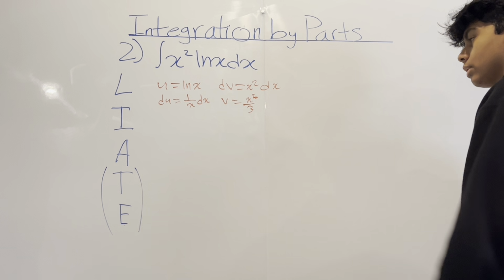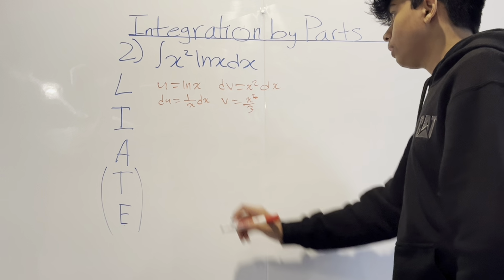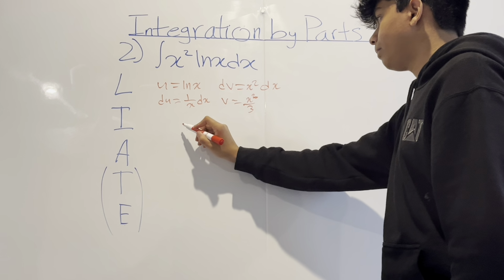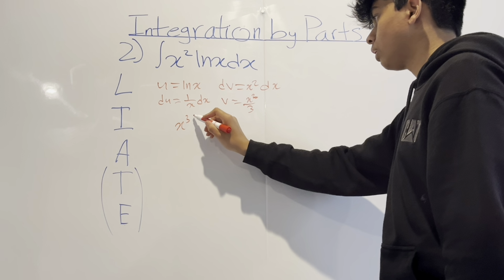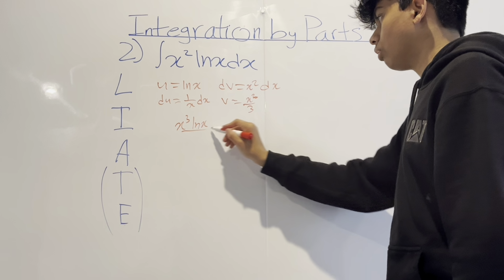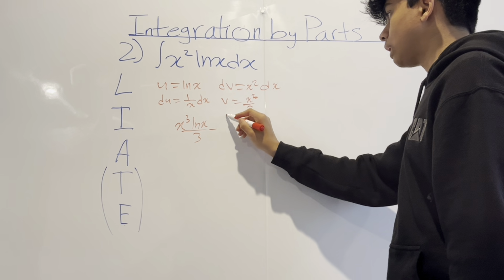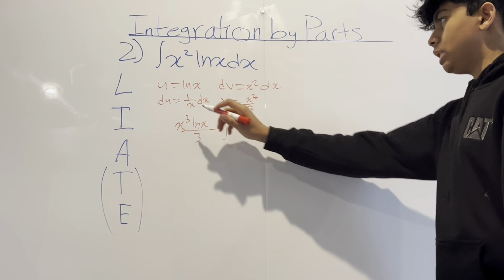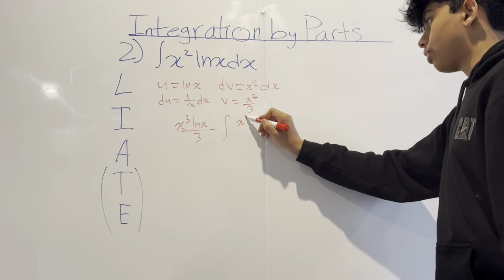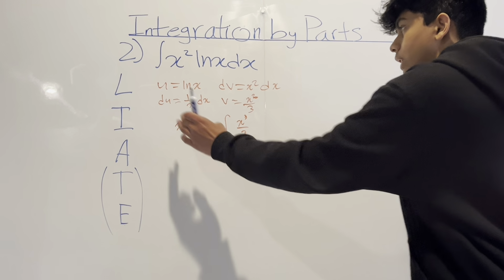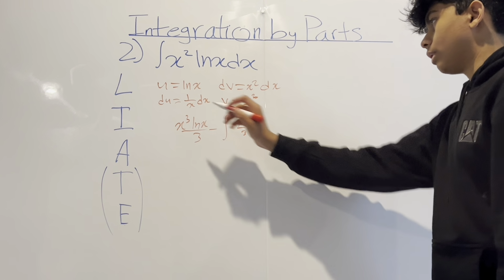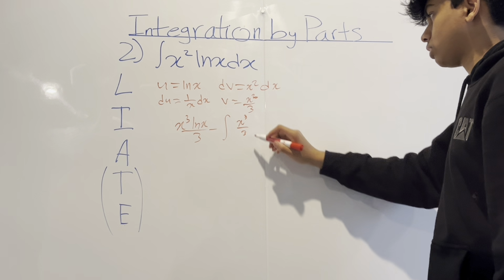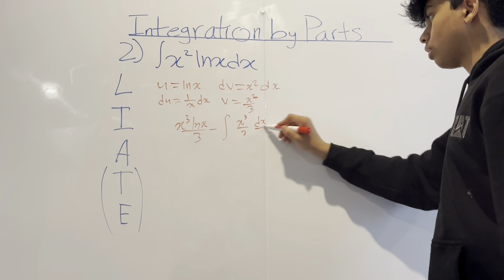Now we're going to plug it into the formula. So uv is going to be x to the 3 ln x over 3 minus the integral of v du, right? So x to the 3 over 3, and du is equal to 1 over x dx, so dx over x.